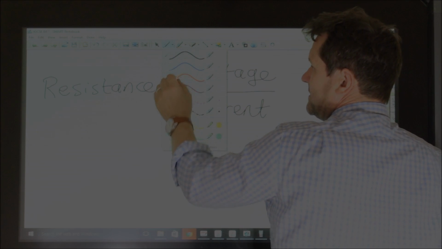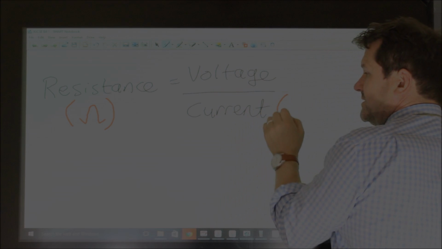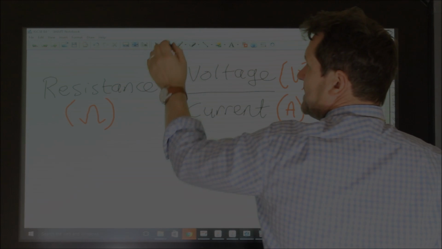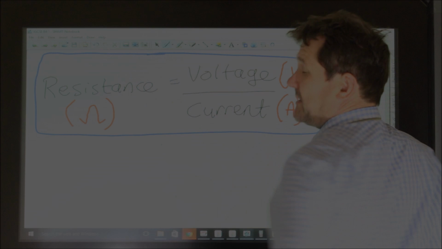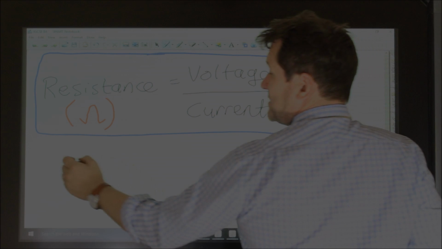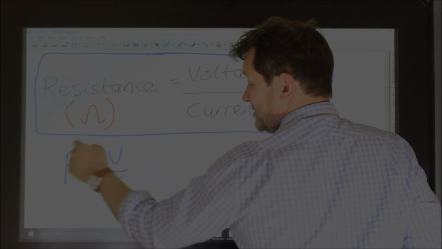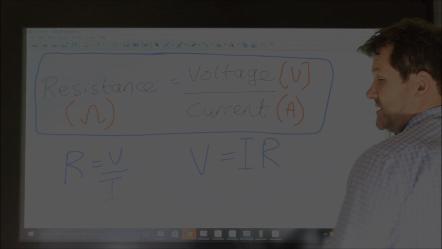And we remember resistance is measured in ohms, current is measured in amps, and voltage is measured in volts, okay? So this equation here, resistance is voltage divided by current, or V is IR. So we either say R is V over I, voltage divided by current, or V equals IR, current times resistance.